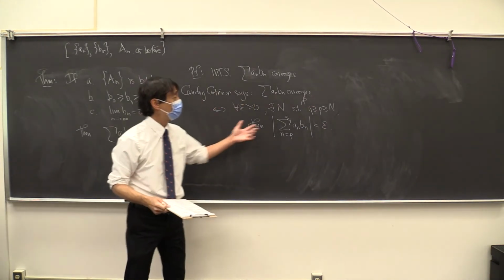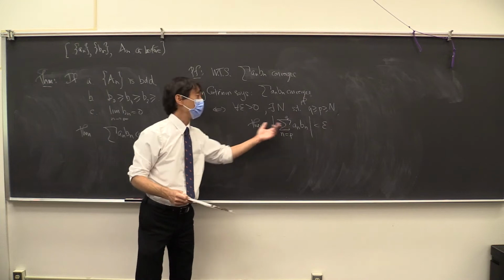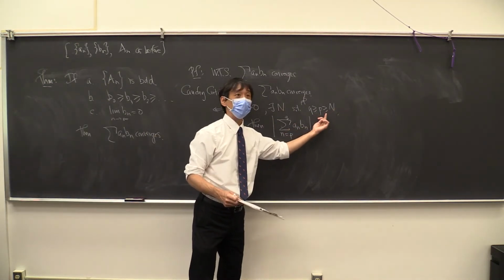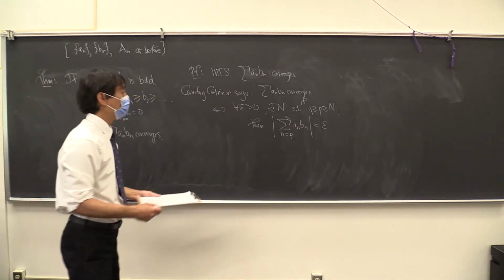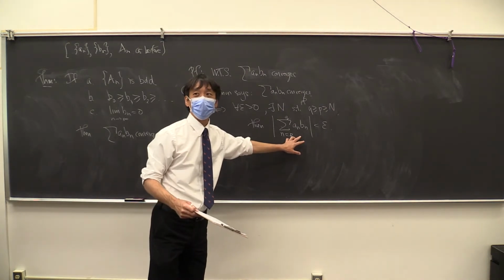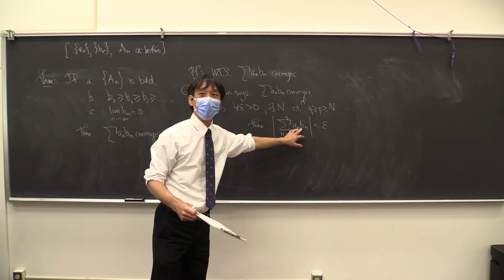So we can make the truncated tail as small as we want, if we're given control over when that truncated tail begins. And you see why the technical lemma is going to be helpful, because it tells us exactly how to control this truncated tail.